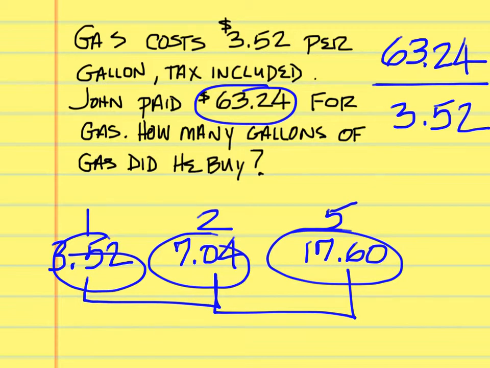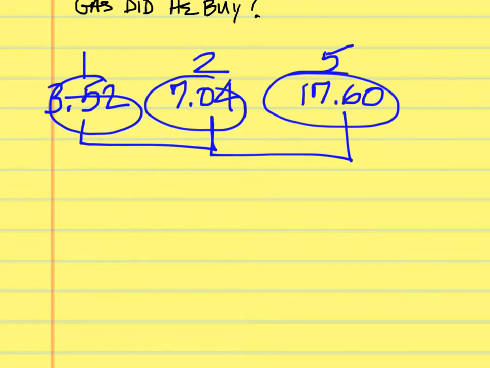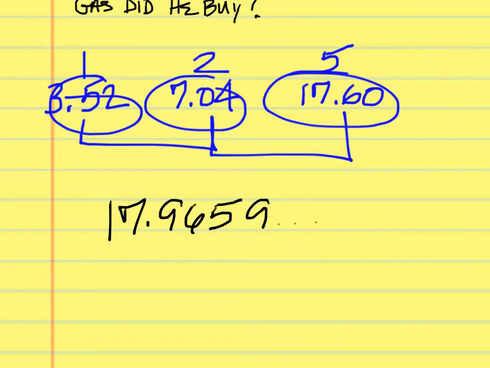So if I did 63.24 divided by 3.52, I would come out with an answer of 17.9659 and so on. If you put 18 gallons and round it up, I'll take that.